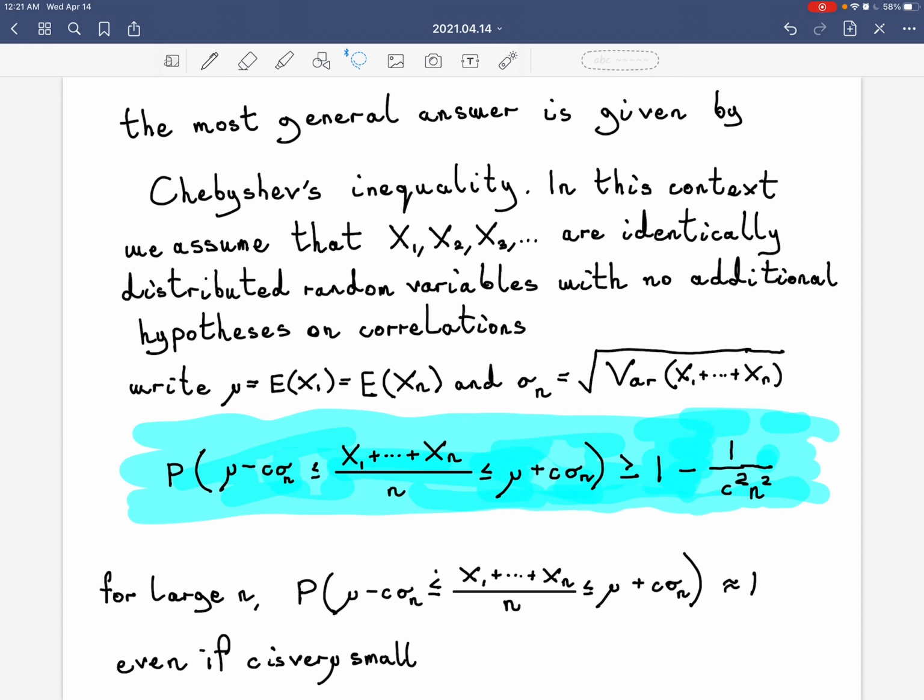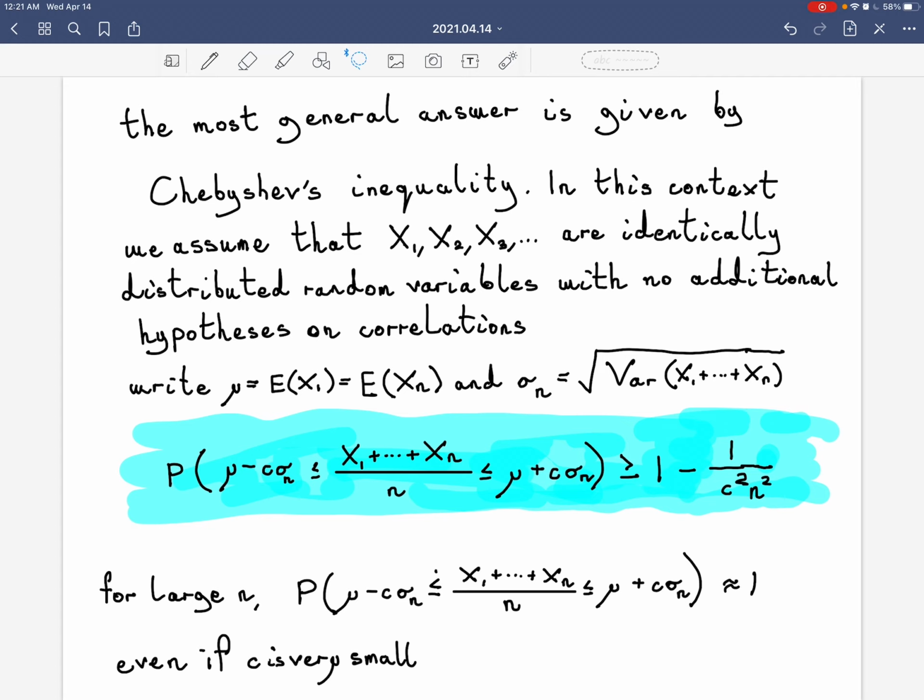And the right side of the inequality should be thought of primarily in the context where c is fixed and n is going to infinity, or at least in the context where c squared is not small enough to cancel out the n squared, and the subtracted term approaches zero, giving a probability approaching certainty.